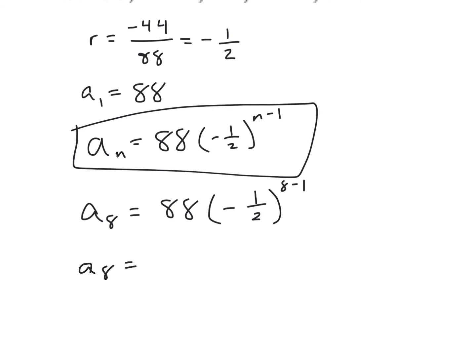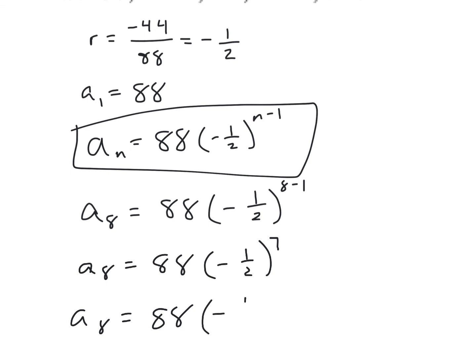So a sub 8 is equal to 88 times negative 1/2 to the power of 7. What should we do next? Negative 1/2 to the power of 7, which would be negative 1 over 128.